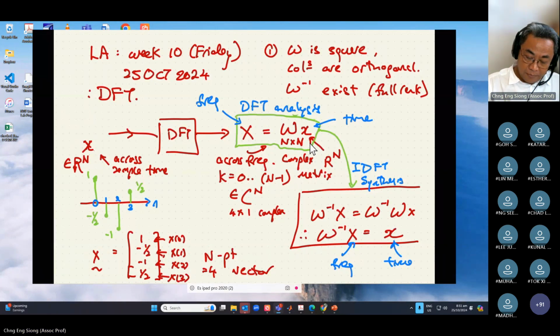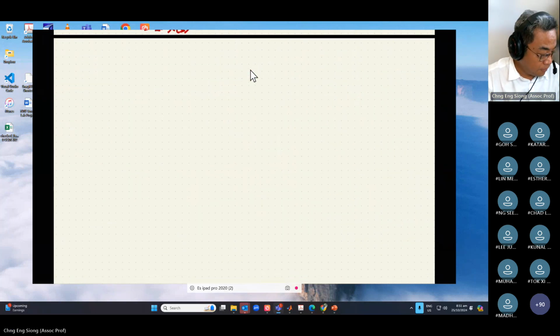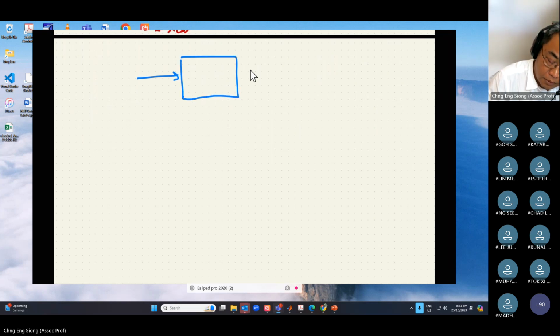Okay. All right. So I'm going to give you a clear example and show you what it looks like. Again, it's the same example, the same values that I'm going to play with, and I'm going to show you the big X. So this is the DFT machine.